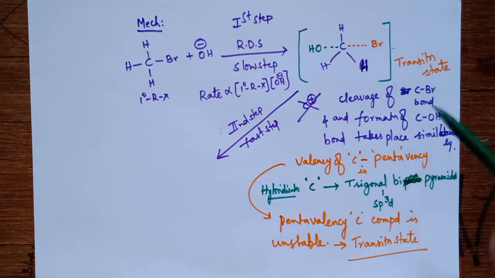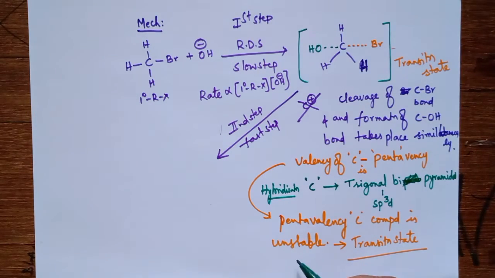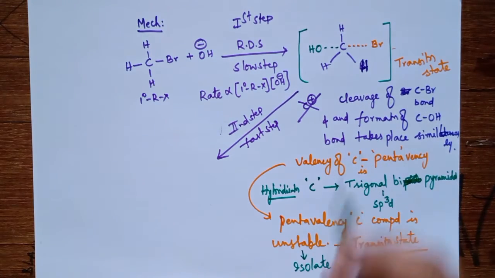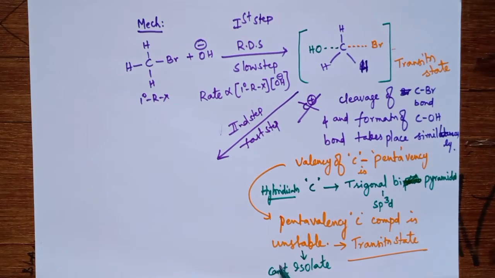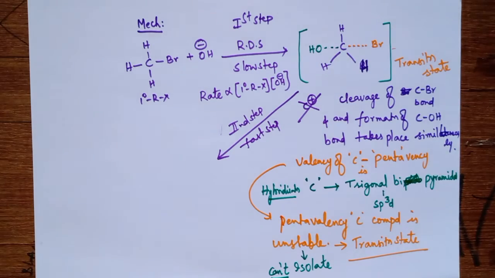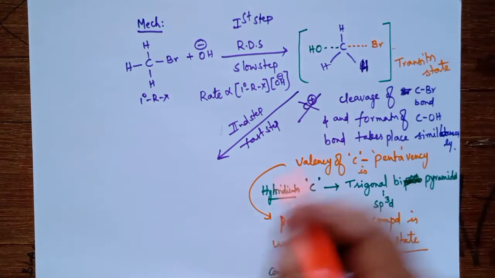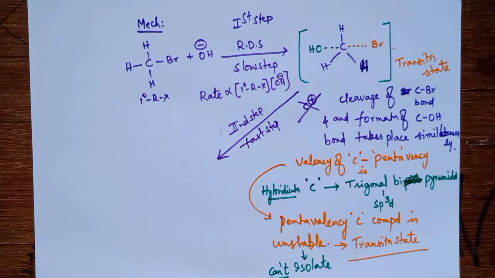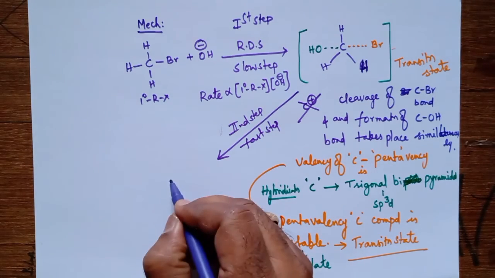Why is the transition state unstable? Because you cannot isolate it. A carbocation you can isolate, but this you cannot isolate. That's why it is an unstable compound. From this unstable state, it directly loses bromine and gives methyl alcohol.